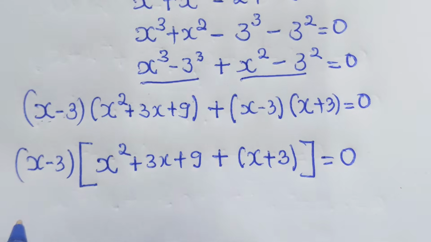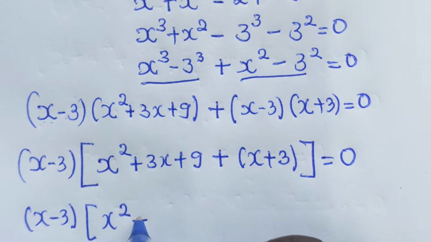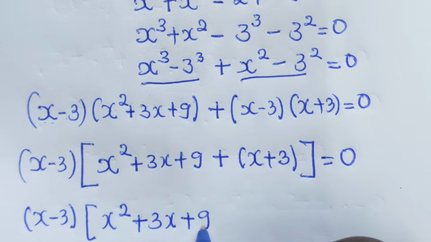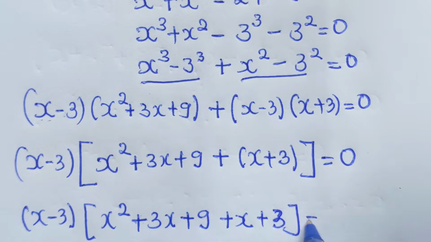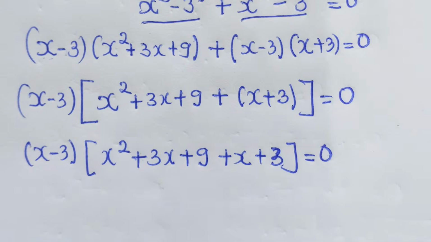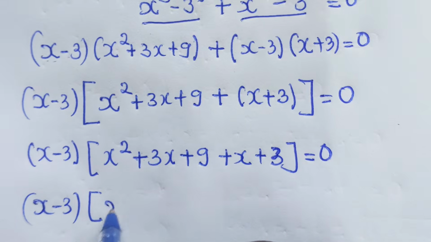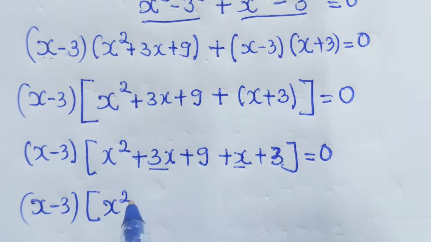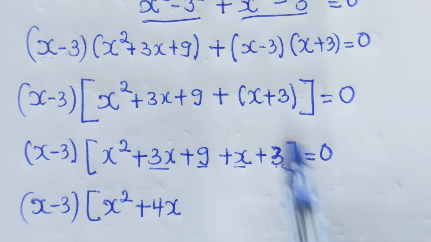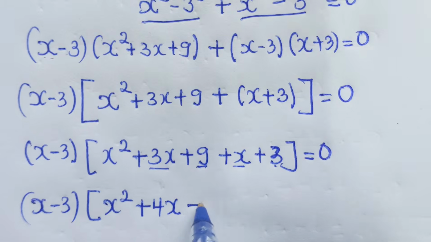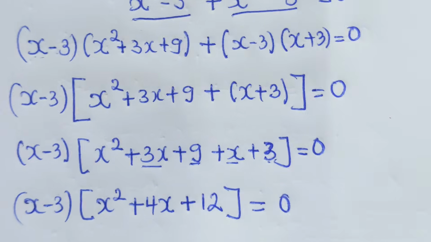Then (x - 3)(x^2 + 3x + x + 9 + 3), that is (x - 3)(x^2 + 4x + 12) equal to 0.